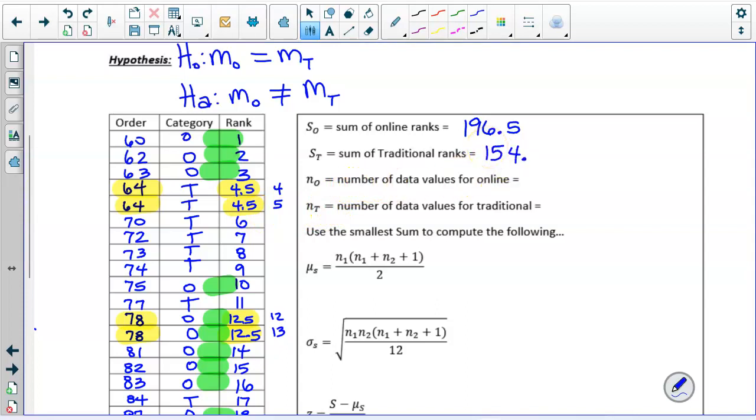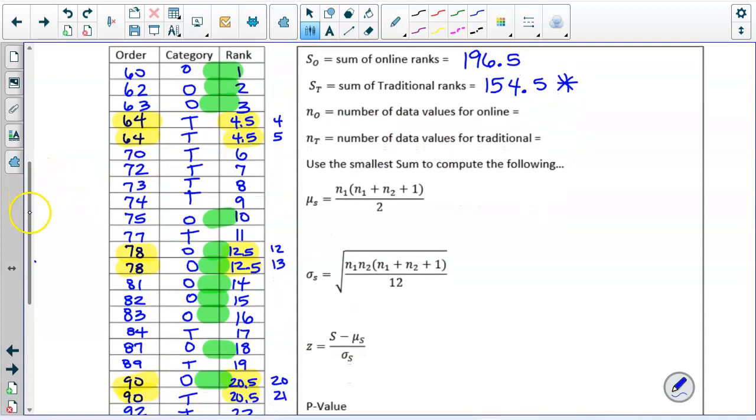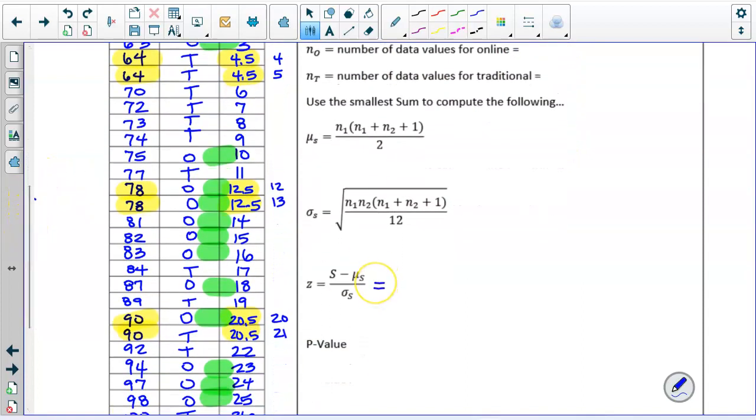Do you all agree? Yes? Okay. So look, team, which of those is smaller? 154.5. So I put an asterisk there just to help my brain. And then down here in this Z formula, I'm going to put 154.5 because that's smaller. All right? Go ahead and do it.